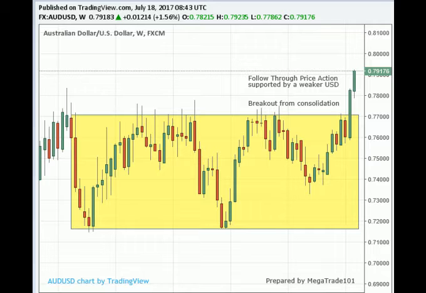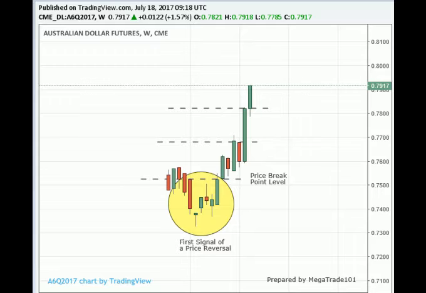Let me show you what we mean by getting the signal from the futures market as far as the Australian dollar is concerned, and why it is also necessary for us to show that using the futures market or the currency futures would probably give you an indication or even a first signal for a possible price reversal.